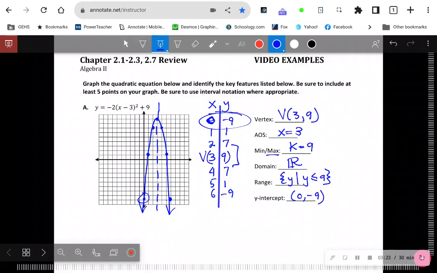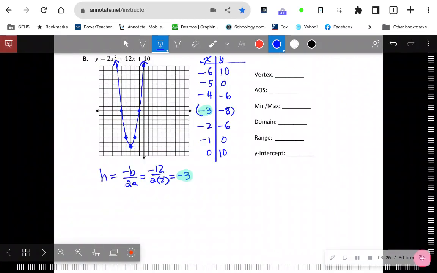Okay, so next problem, similar to that. And you can see I've done some of the work here. So let me indicate what I've already done. First, you're going to find h, and you use the little formula, the opposite of b, there's b, and you put its opposite in, over 2 times a, 2 times 2 in this case, and that gives you this h value.